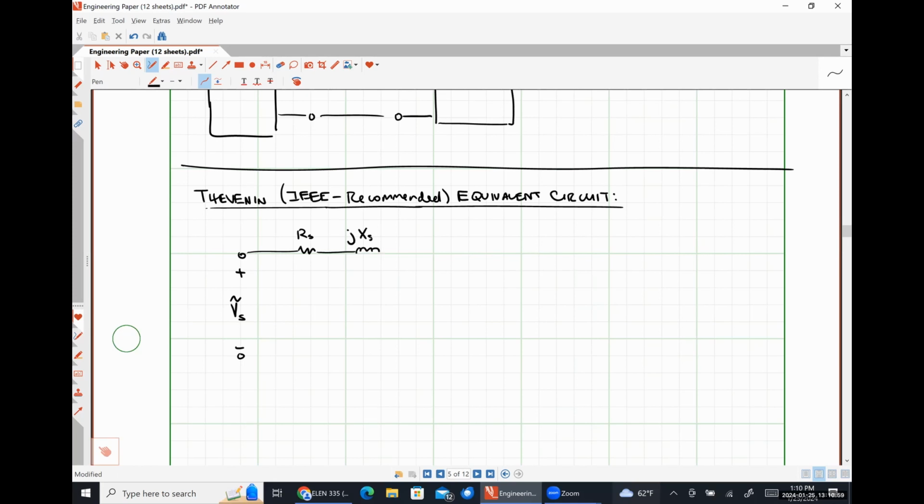Here's my reactance jXs. Then I have my shunt branch.